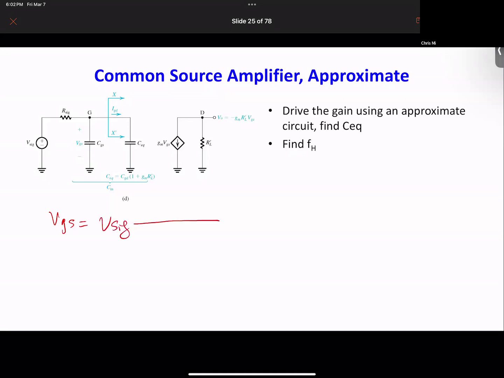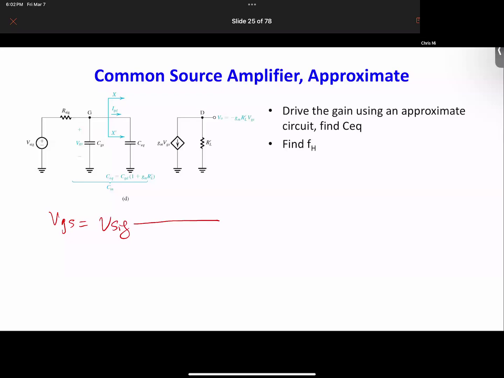The voltage divider means these two capacitors are in parallel, right? You can add them. Parallel capacitors, you add them, like resistance in series we add them.